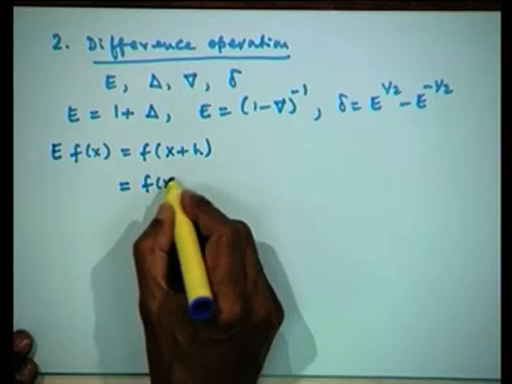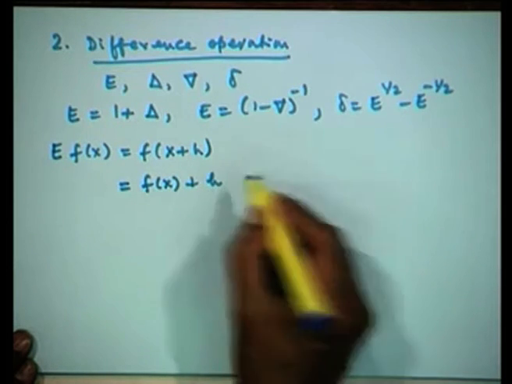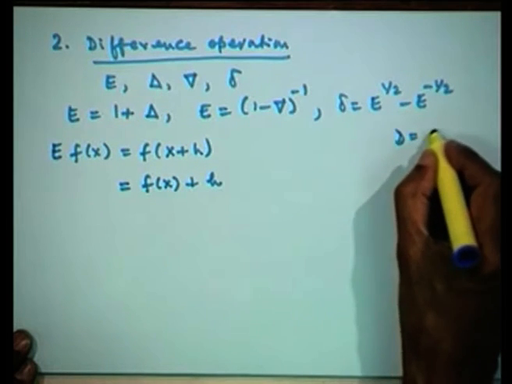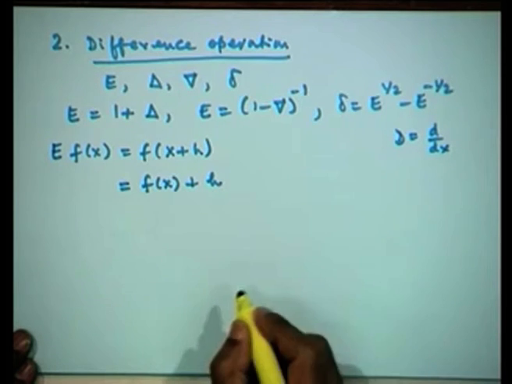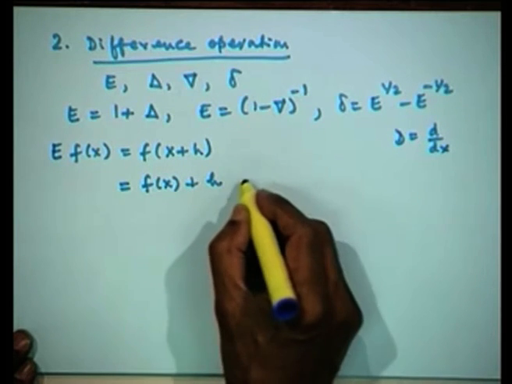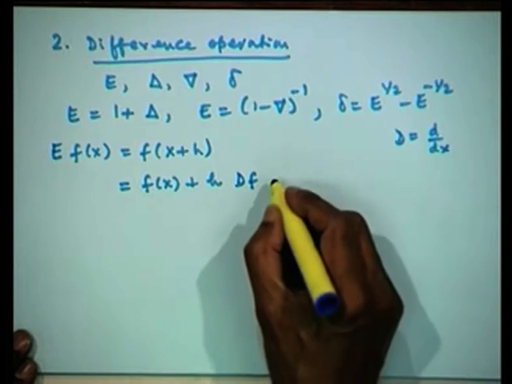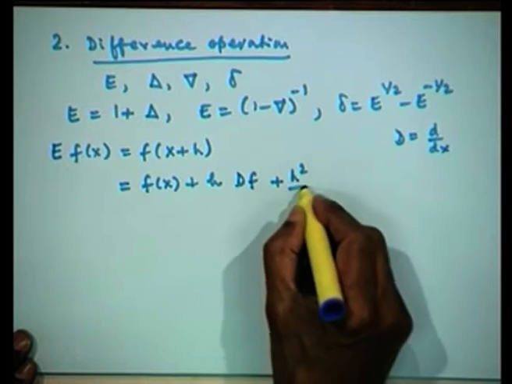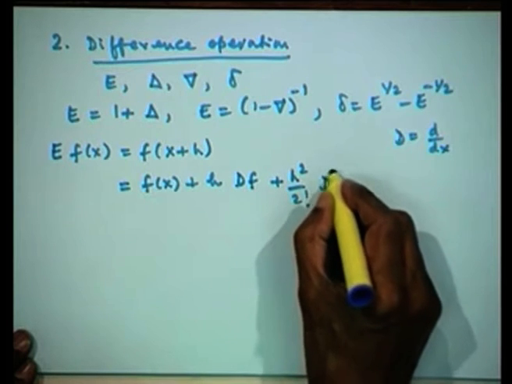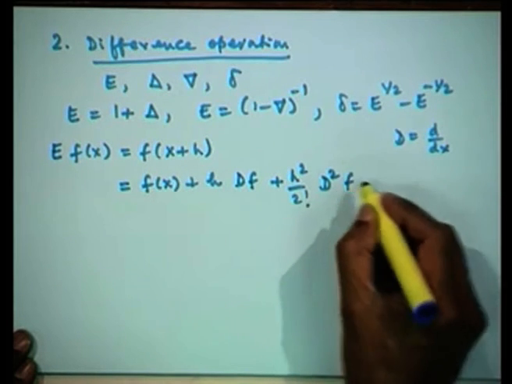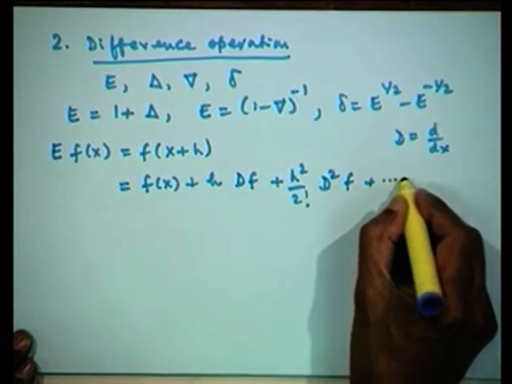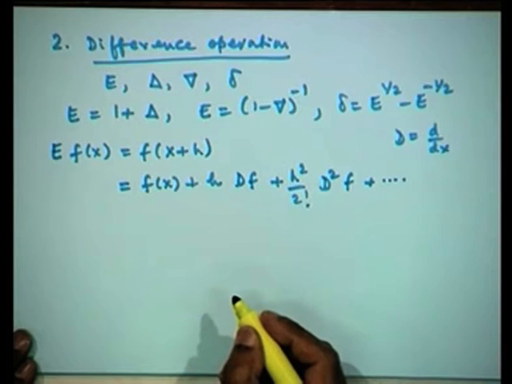So, this gives f(x) plus h. Now, I will use the notation D for d by dx. Therefore, instead of f dash, I will write D of f(x), plus h square by factorial 2, second derivative, that is D square of f(x), and so on. So, this is my Taylor series.